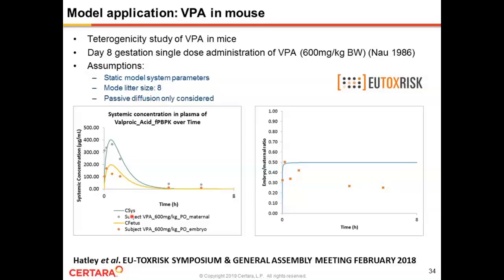As you can see here, the green line shows the prediction of valproic acid in the maternal blood of the mice, and the yellow line signifies the concentration time profile of valproic acid in the fetus of the mice, and the dots are representing the observed data, and you can see that the model is predicting pretty well.